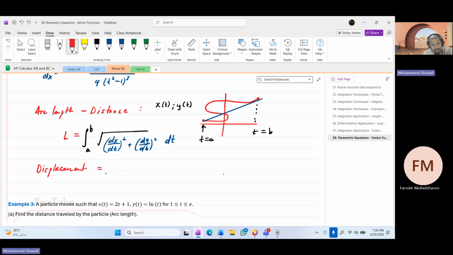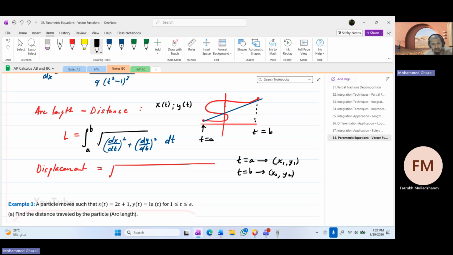So displacement, we say the square root of, you need to get the initial coordinate at t equals a, x1, y1, and at t equals b, the coordinates x2, y2.